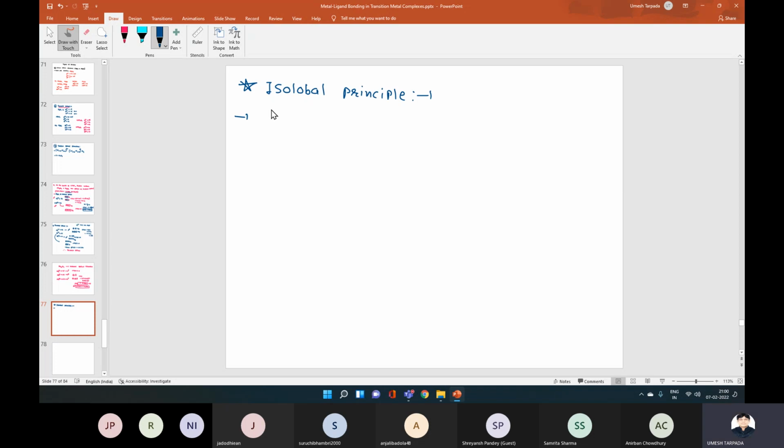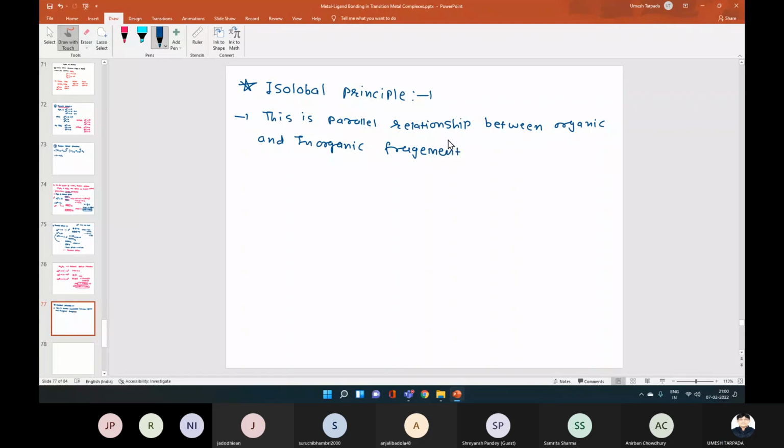This parallel relationship between organic and inorganic fragment was first described by Roald Hoffmann.